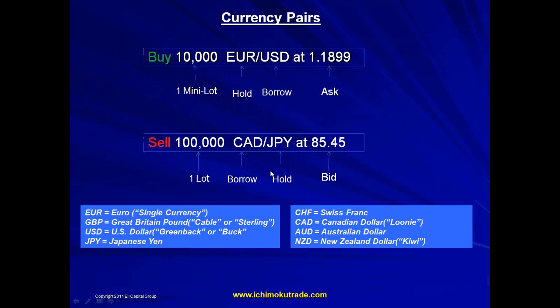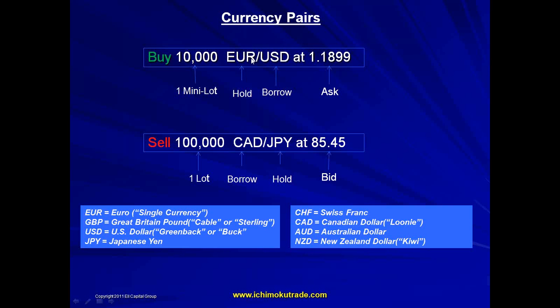Now, here we go. This is probably the hardest part for people to understand. So let's start doing this. When you're buying a particular currency pair, so let's say I buy 10,000 Euro USD at 1.1899. Everyone okay with that? When you're buying something, it basically means you're going to borrow the currency to your right and convert it to the currency to the left.